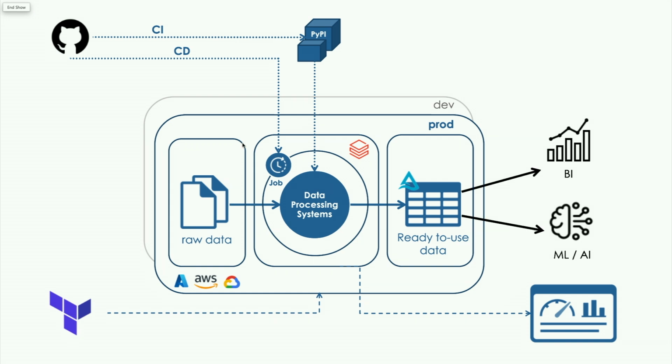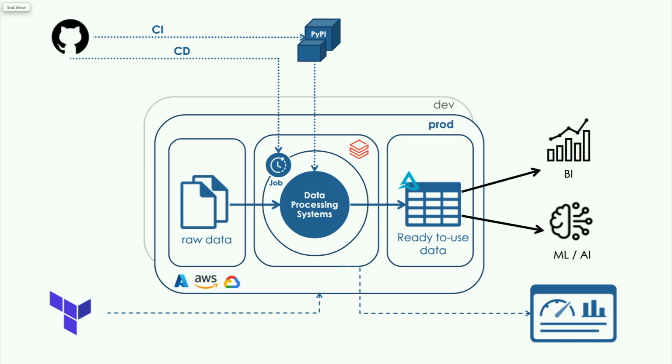Okay. So yeah, the goal at the end of all this process is to deliver this data, which is ready-to-use data, okay? So the idea is to make this data available for different use cases, like for business intelligence or, for example, for machine learning and AI. This is the ultimate goal of building pipelines.